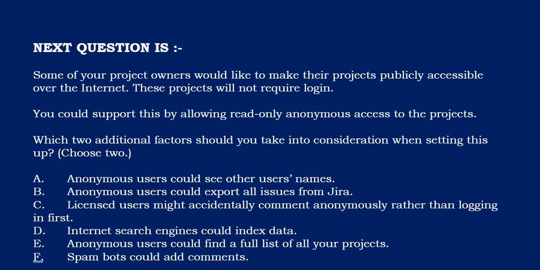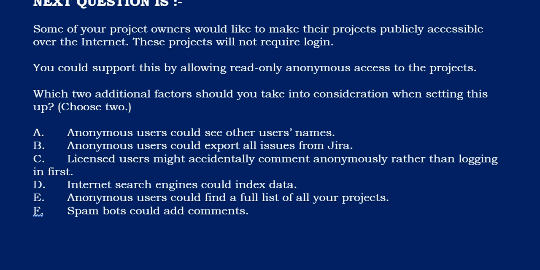Option A. Anonymous user could see other users' names. Option B. Anonymous user could export all issues from Jira. Option C. Licensed users might accidentally comment anonymously rather than logging in first.